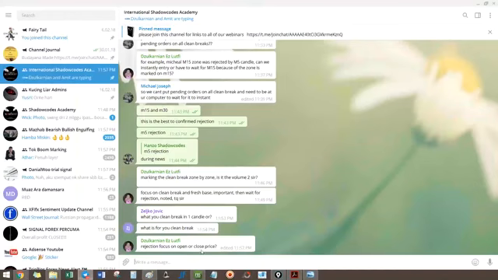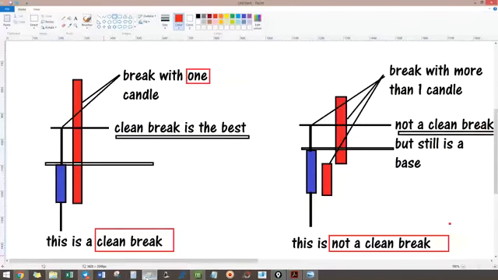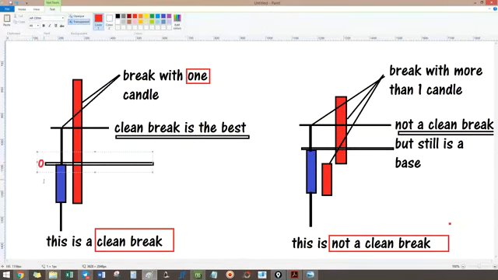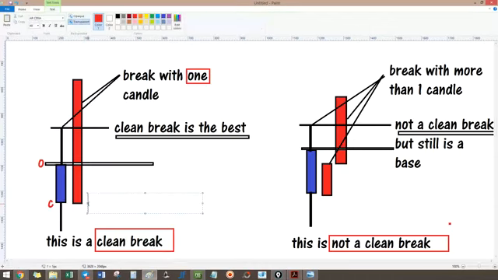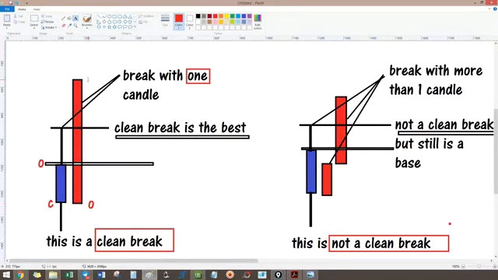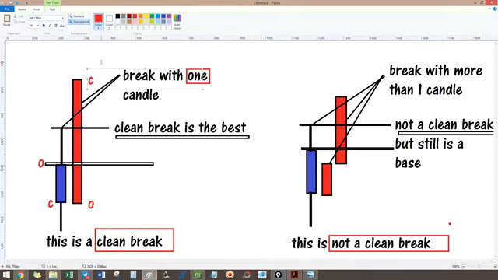Rejection focus on open or close price? Open price. For a bullish candle, it's open here. Open, close, and then after this close, we'll open here.